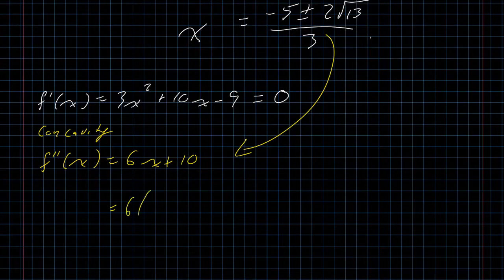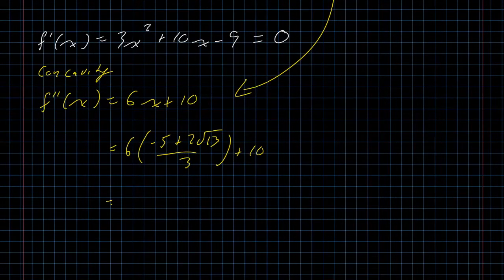So we have 6 times negative 5 plus 2 square roots of 13 all over 3 plus 10. And we get negative 10 plus 4 square root of 13 plus 10, which is 4 root 13.